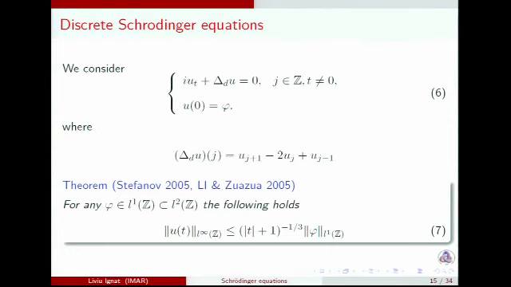And if you consider this equation on the whole line, but on integer points, we have a decay solution, which is t^(-1/3), not 1/2. Of course, if you put an h here, you can obtain similar estimates. In fact, Stefanov put h equal to 1, and we did something for any h, but in another context. Anyway, you will have a decay as t^(-1/3) instead of t^(-1/2).